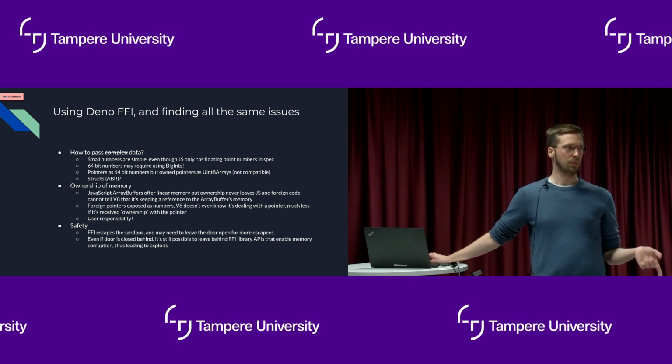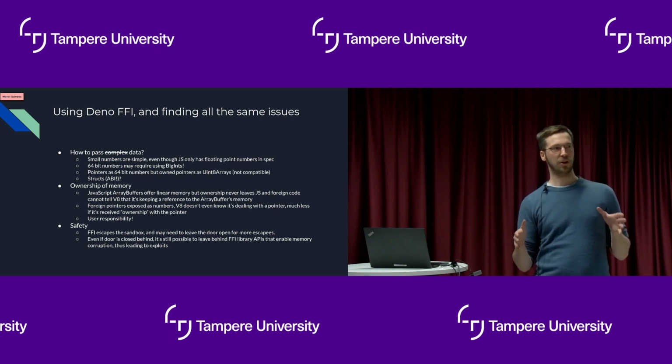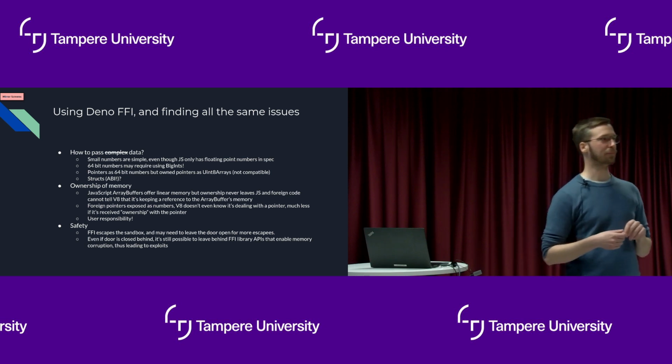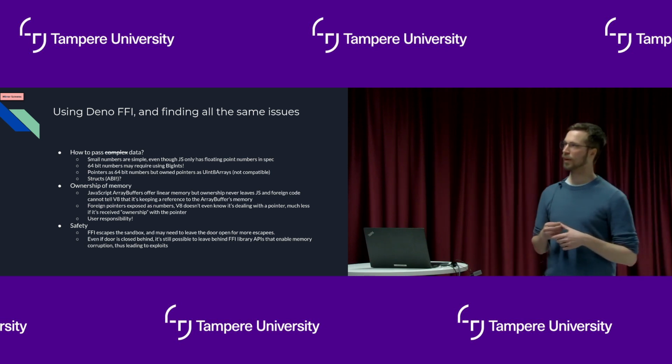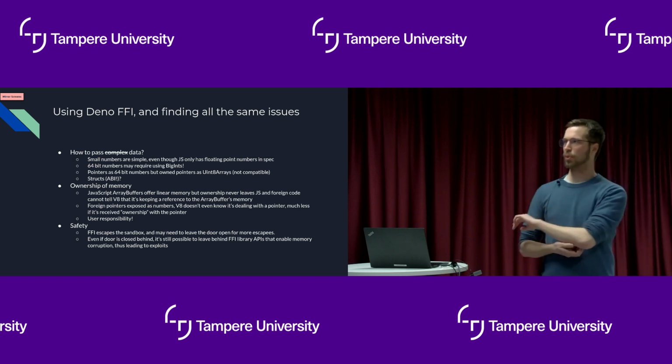But what about U32s? Simple enough, because you can fit a U32 inside an F64 without the F64 losing any information. So that's what V8 does for us, and it supports that.